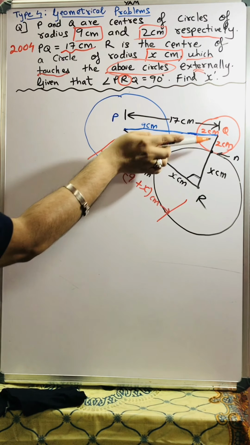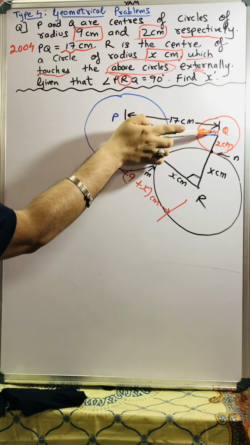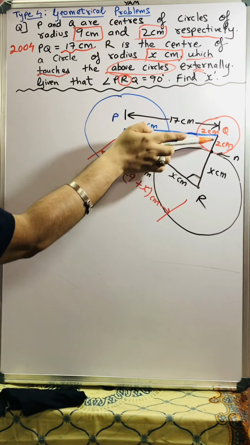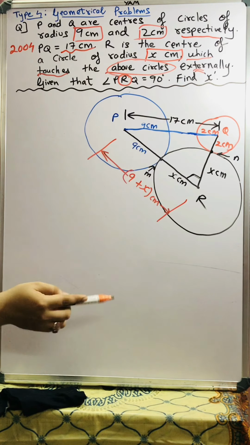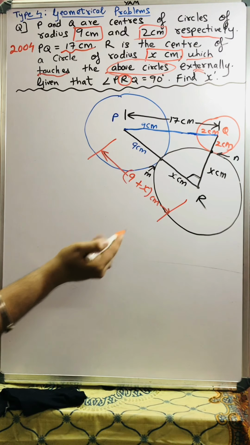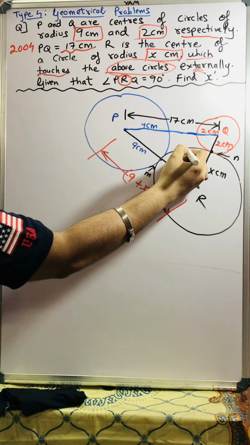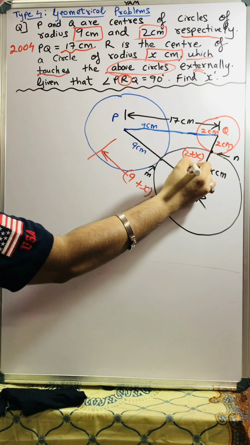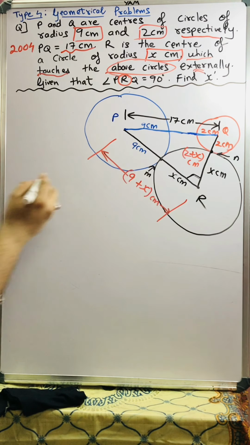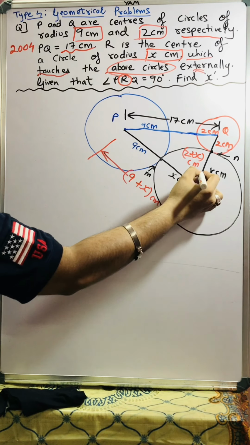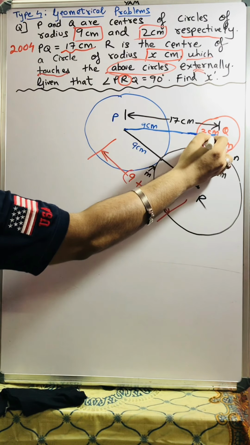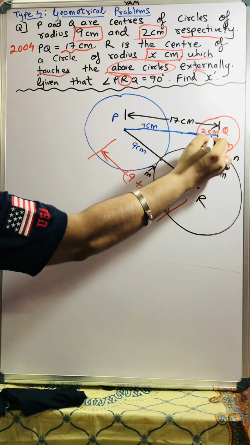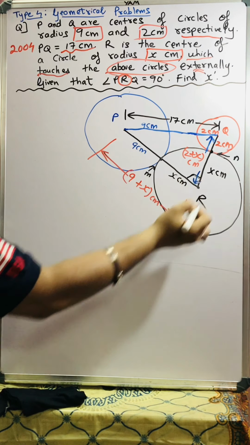So can you all tell me the length of the segment QR? 2 plus x. 2 and x becomes 2 plus x. So 2 plus x centimeter. This is the length of this.